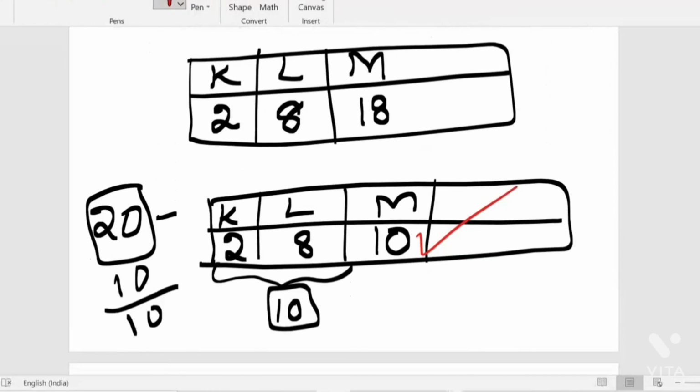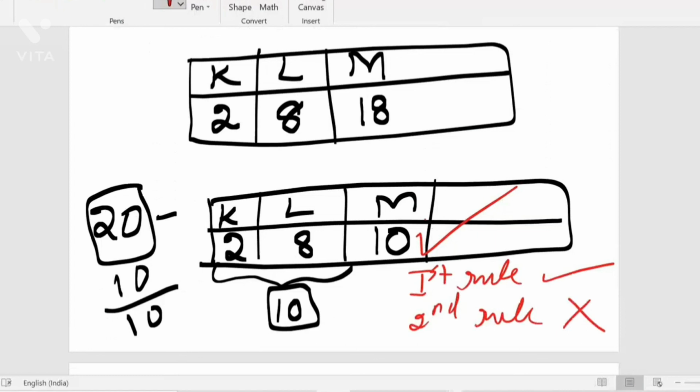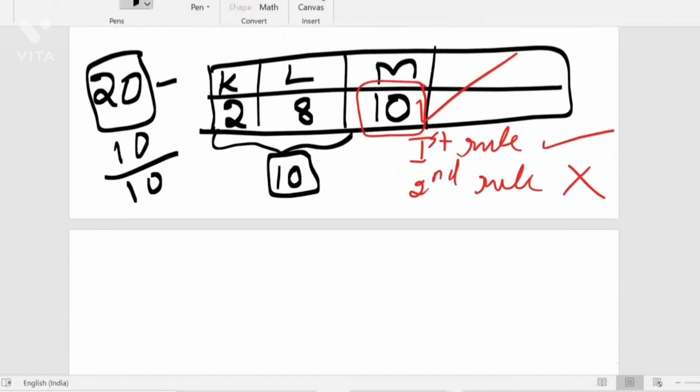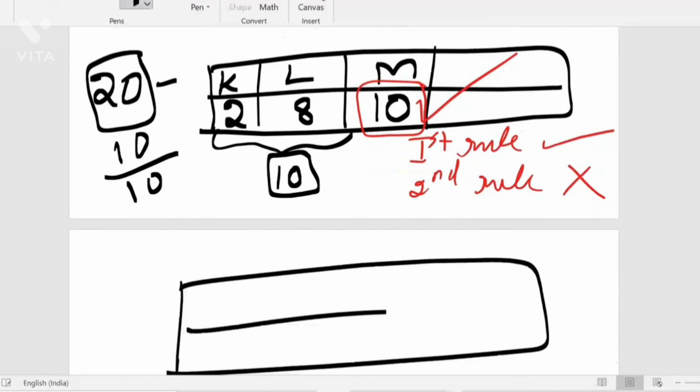So as per the first rule, this is right. Now I have to think about the second rule. What is the second rule? The ultimate shell or the outermost shell cannot exceed more than 8 electrons. Right. So as per the first rule, this is right, but as per the second rule, this is wrong. So I should think about the second rule. Maximum I should occupy only 8. So how do I proceed?